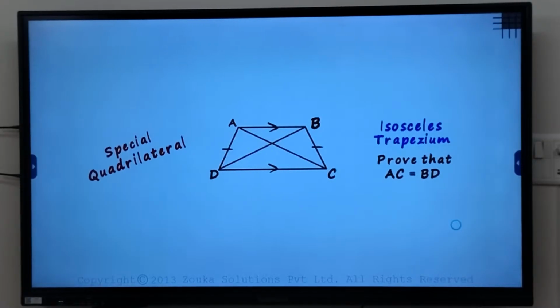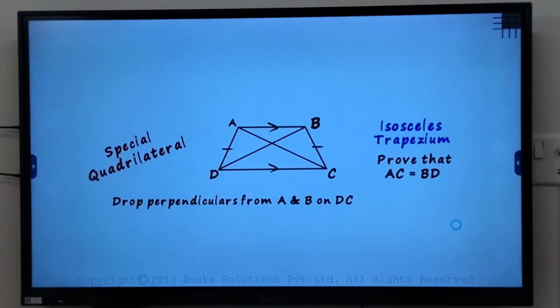Whenever we have to prove two sides equal, so we modify the figure slightly.